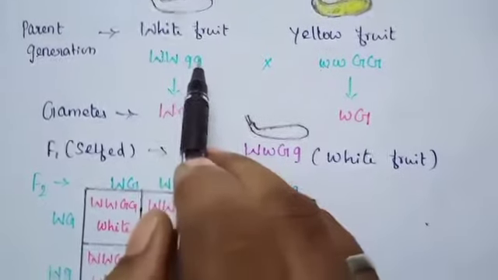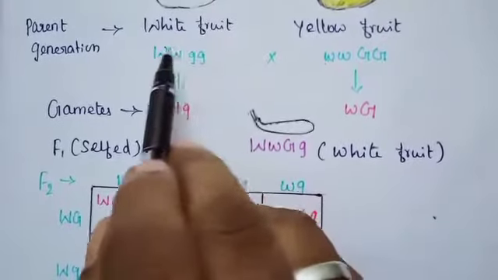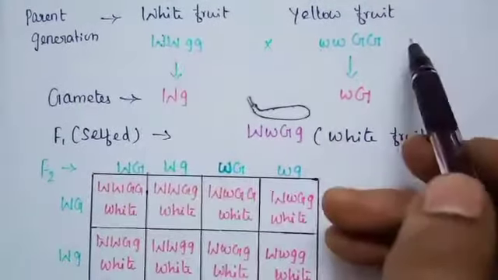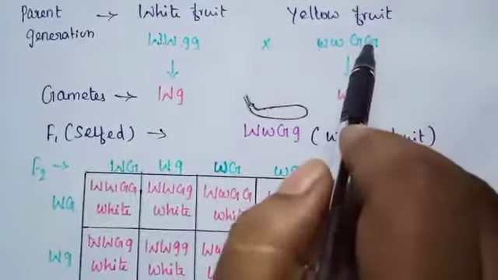In the first locus white is dominant to color, whereas in the second locus yellow is dominant.